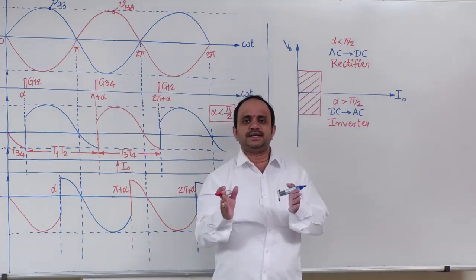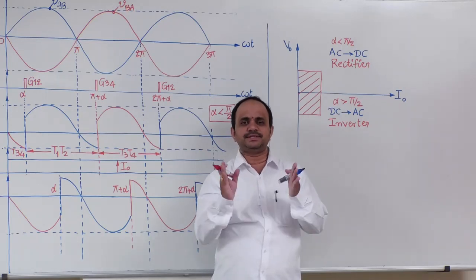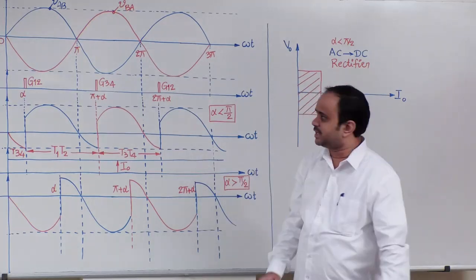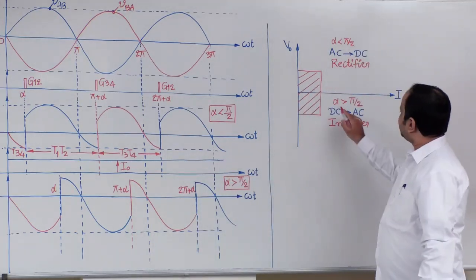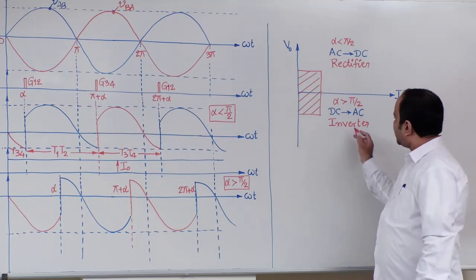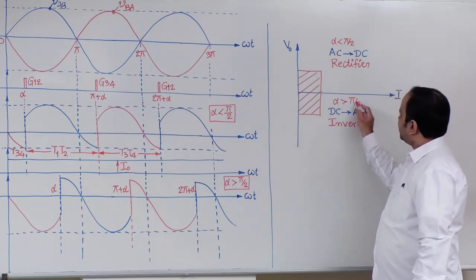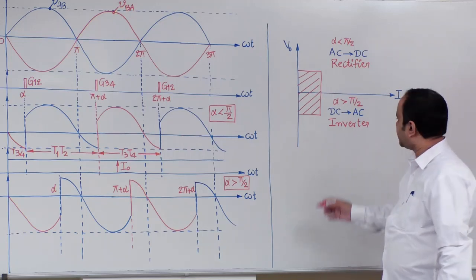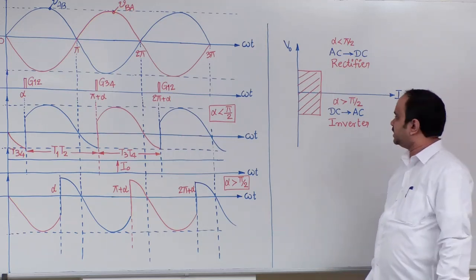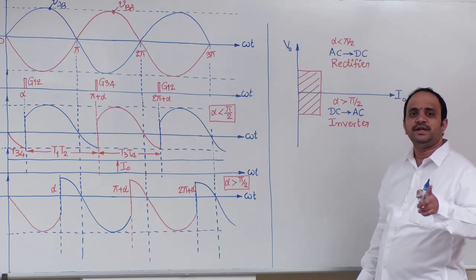If alpha is less than pi by 2, it is a rectifier operation. If alpha is greater than pi by 2, it is an inverter operation. Under this condition, the circuit operation is known as line commutated inverter.